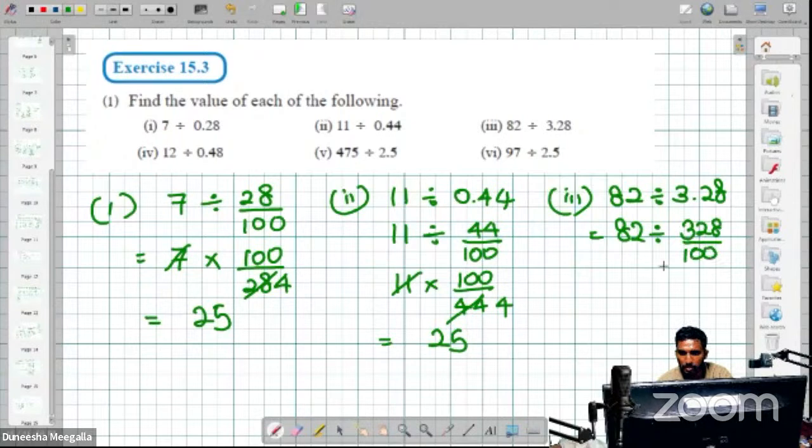What is the reciprocal of it? 100 over 328. How many 82s are there in 328? There are 4. 100 divided by 4 is 25.